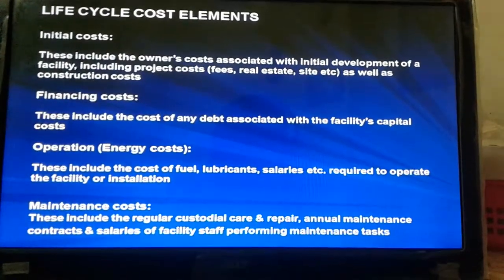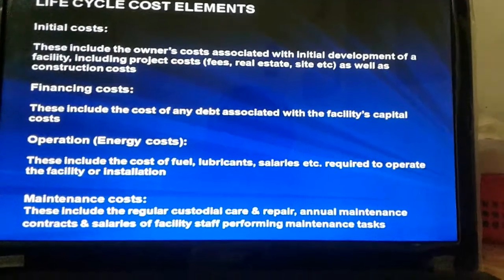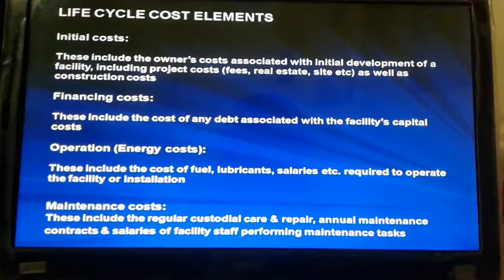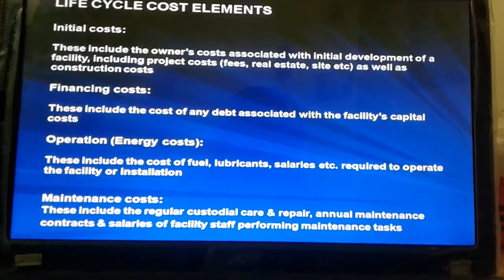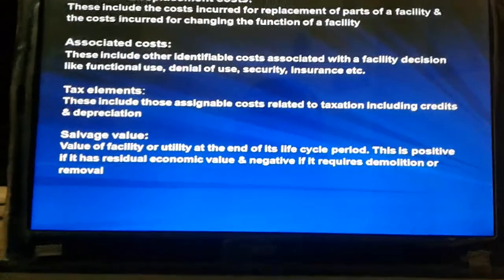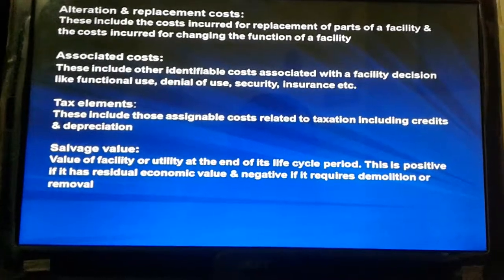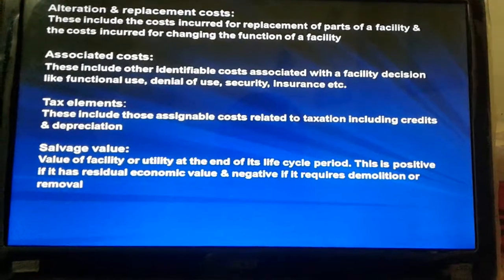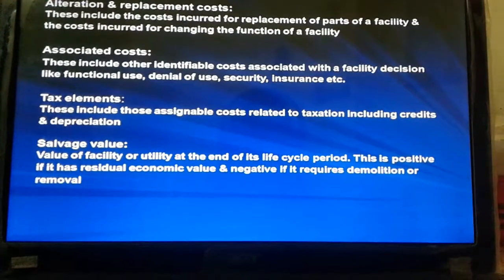or installation. Maintenance costs. These include the regular custodial care and repair, annual maintenance contracts and salaries of the facility staff performing maintenance tasks. Alteration and replacement costs. These include the costs incurred for replacement of parts of a facility and the costs incurred for changing the function of a facility. Associated costs.